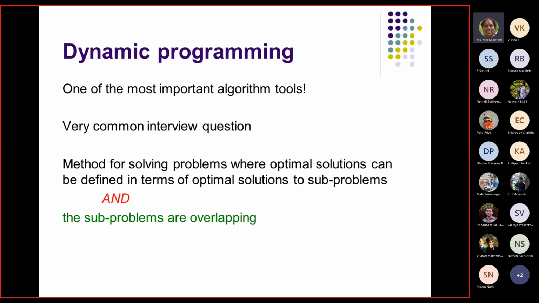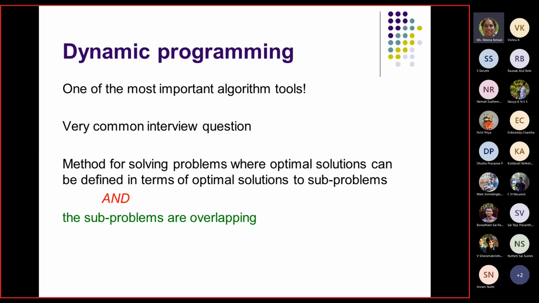There are other algorithmic techniques as well. You have divide and conquer, you have greedy choice. All of them are algorithmic design techniques. So what is specific about dynamic programming?